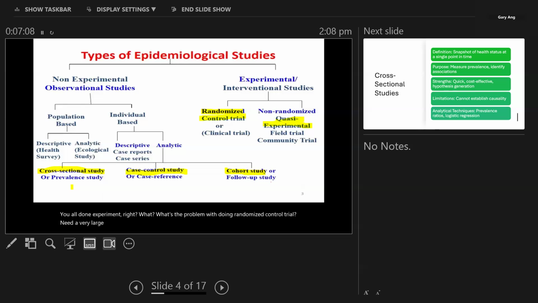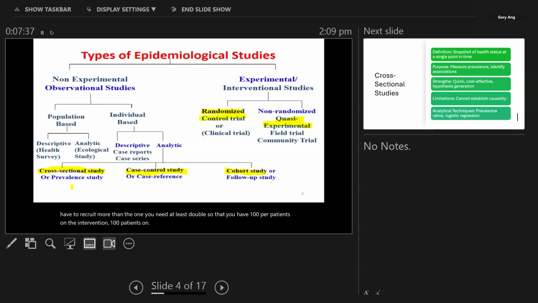You need double the number because let's say you get 100 patients, and then you tell these 100 patients we're going to randomize you, half to one thing, half to another. So you end up with only 50 people. For the 100 people you recruited very painstakingly, only half get the treatment, the other half don't. So you have to recruit at least double what you need, so that you have 100 patients on the intervention and 100 on the control.